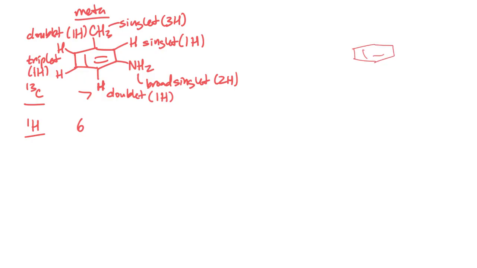For any disubstituted aromatic, you can have an ortho, a meta, or a para relationship. So let's do the same counting and see if any of those numbers change, like the 7 and the 6.